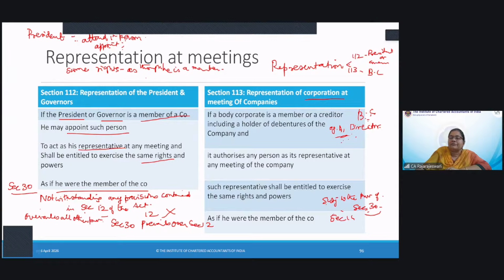Suppose section 15 says subject to the provisions of section 30. Then section 30 will prevail. Whatever has been specified in section 30 is applicable. If it is not specified in section 30, section 15 is applicable. So it is subject to the provisions contained in section 30 of the Companies Act.